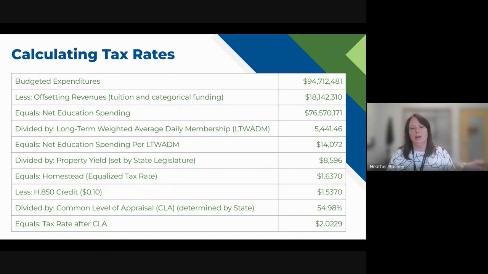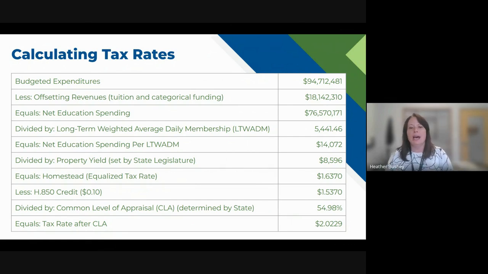So year one was 100%. The next year is 80% of that. And so we are in FY26, which was year two. So we were at 80% of what we got. So we deduct that 10 cents and we get 1.5370. I didn't put every town in here because I was just doing it as an example.